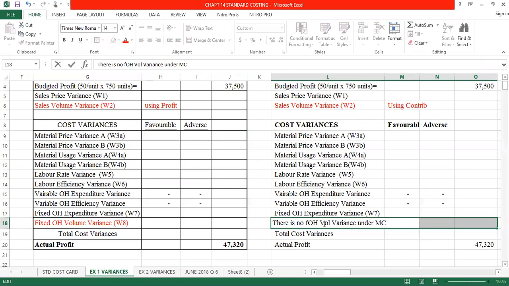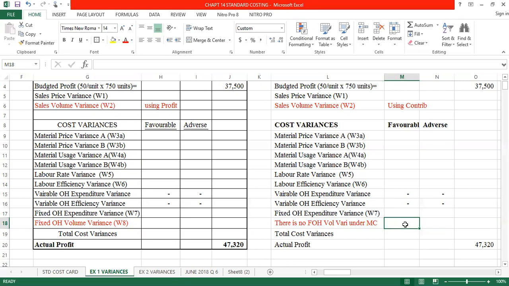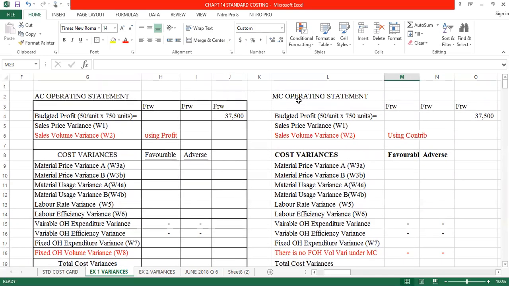There is no fixed overhead volume variance under MC. So that is not there. It is 0. That is also 0. So we have our template.